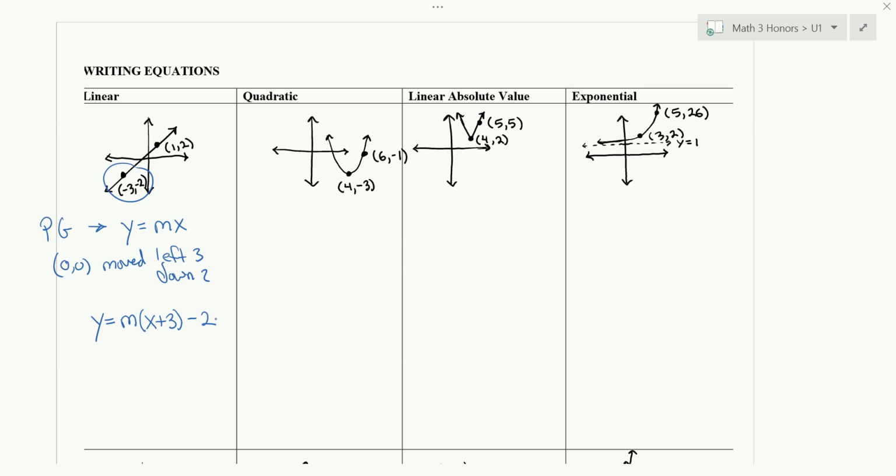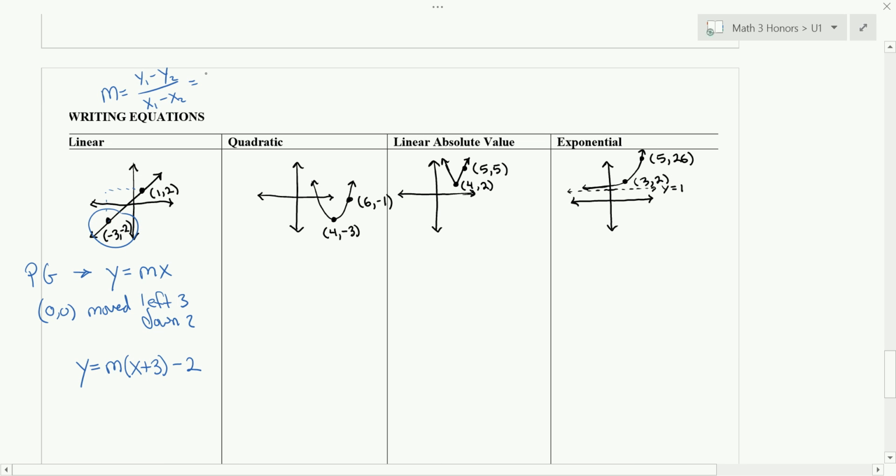So the slope, you can look at rise over run from point to point. You can use that slope formula if you wish, where you subtract your two y values, the difference of the y values over the difference of the x values. And what are we getting for our slope? Up how much? So we can check, so we can go 2 minus negative 2, which is 4. And then 1 minus negative 3, which is 4.